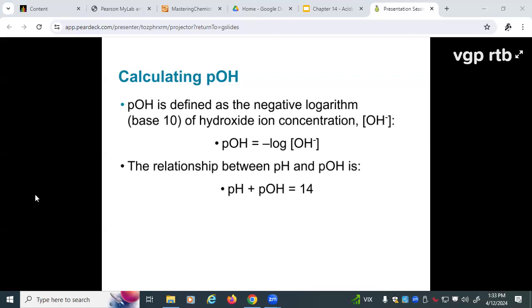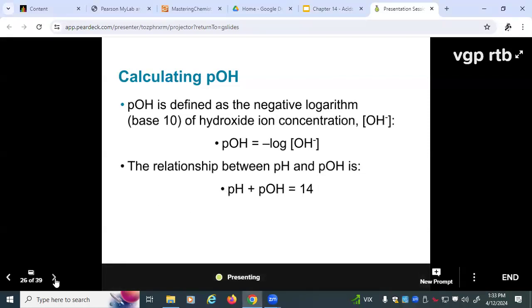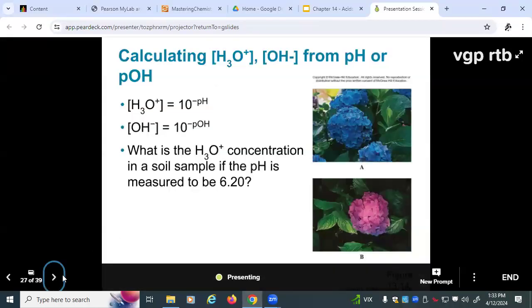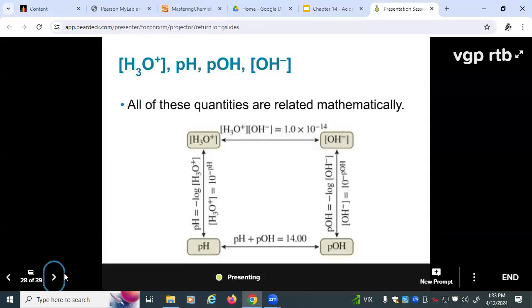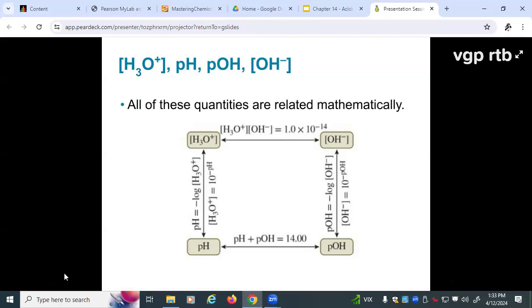So what we're leading to is that there are 4 different kinds of things that we can determine about a solution from a pH standpoint. We can look at the pH, the pOH, the hydronium concentration, and the hydroxide concentration.